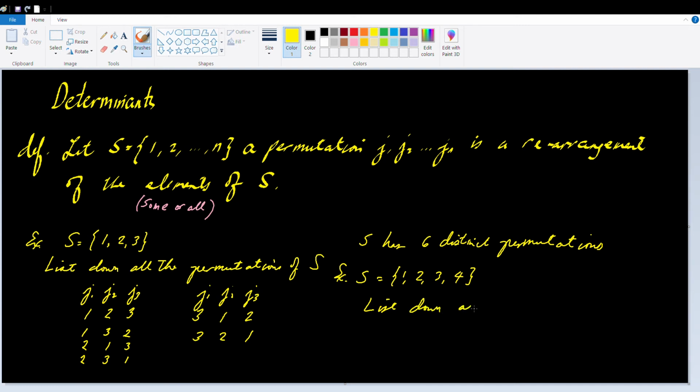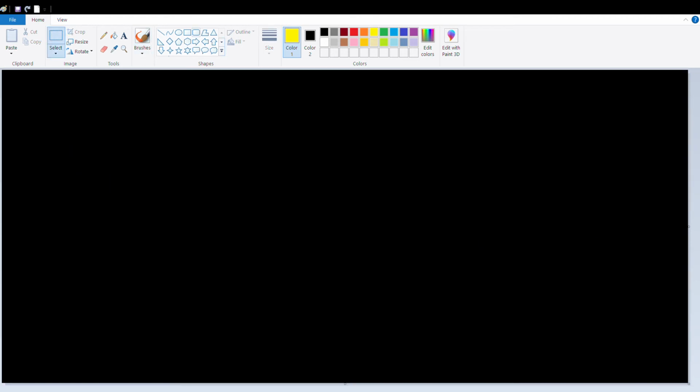Okay. So let us rewrite the elements of S: 1, 2, 3, and 4. The permutations of S will be denoted by J1, J2, J sub 3, and J sub 4.